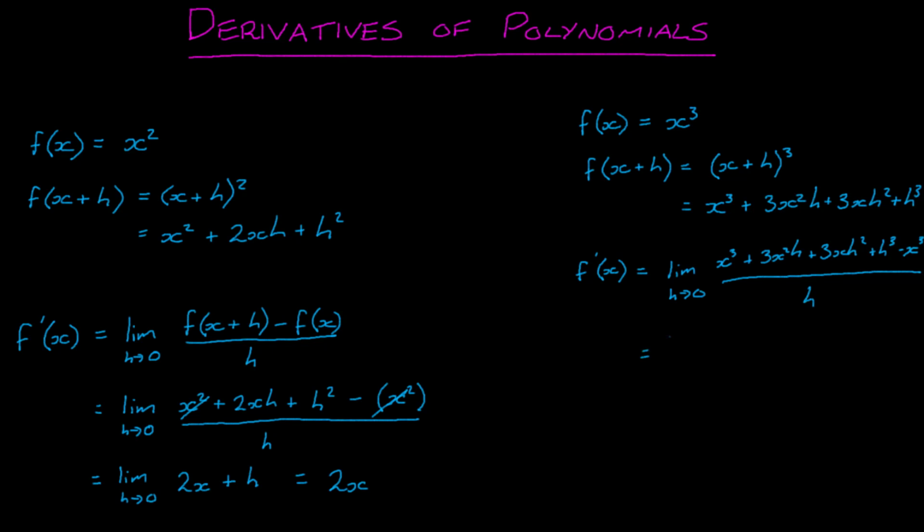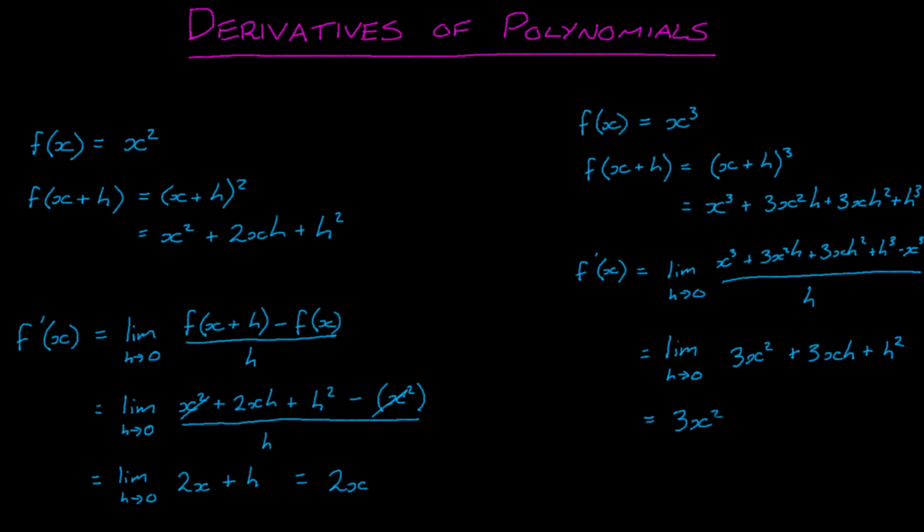And that's going to give us the limit as h approaches 0 of 3x squared plus 3xh plus h squared. Now in the limit that h approaches 0, each of those last two terms becomes 0, and that gives us 3x squared.